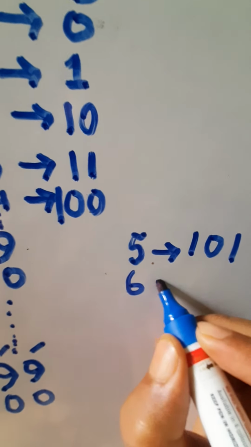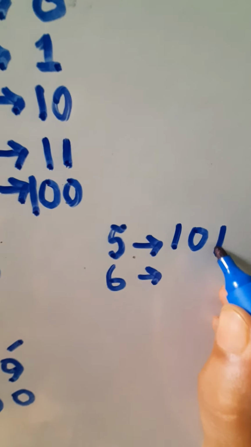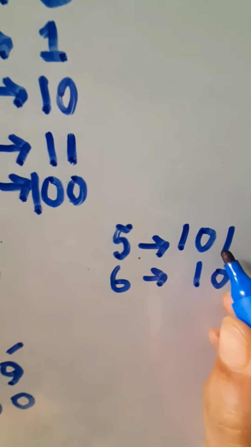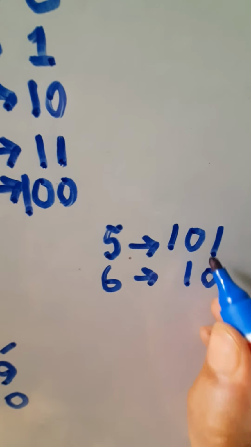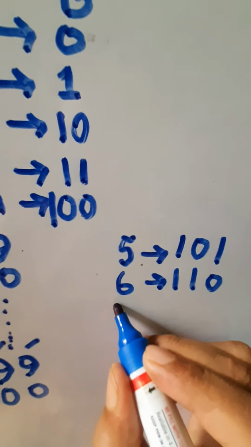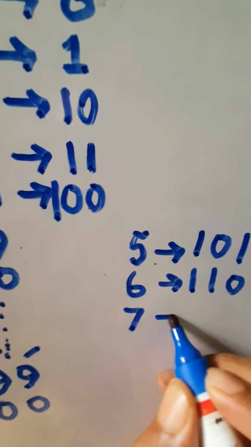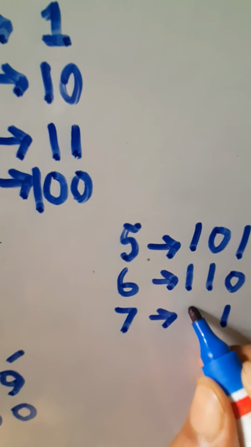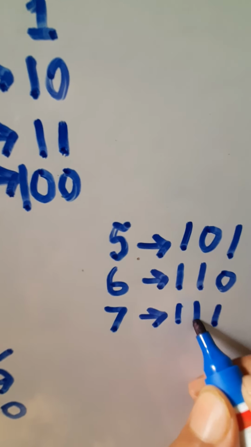So for 6, here will come 0, here will come 1. Is it clear? It is 0, then 1 will come here, and there is already 1. It will be very clear if you go to 7. Here is 0, you can put 1 here. There are two ones already there.